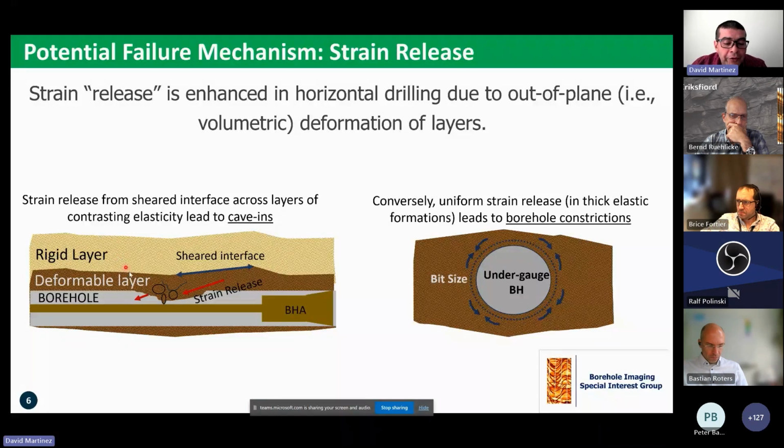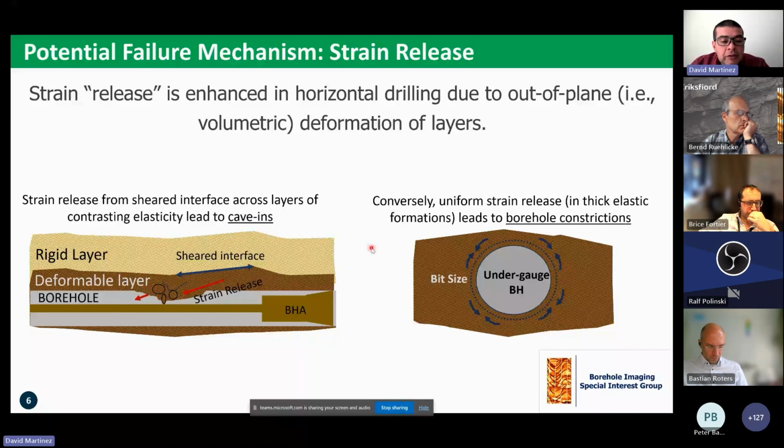Once that deformable layer is free to expand into the borehole, you'll have a shear interface between the rigid layer and the deformable layer, because the tendency of the deformable layer is to expand, while the rigid layer, because it's not drilled and because in general it doesn't want to deform, will try to stay put. So in that case, I am proposing that this is the main mechanism that starts creating those large cave-ins behind the BHA.